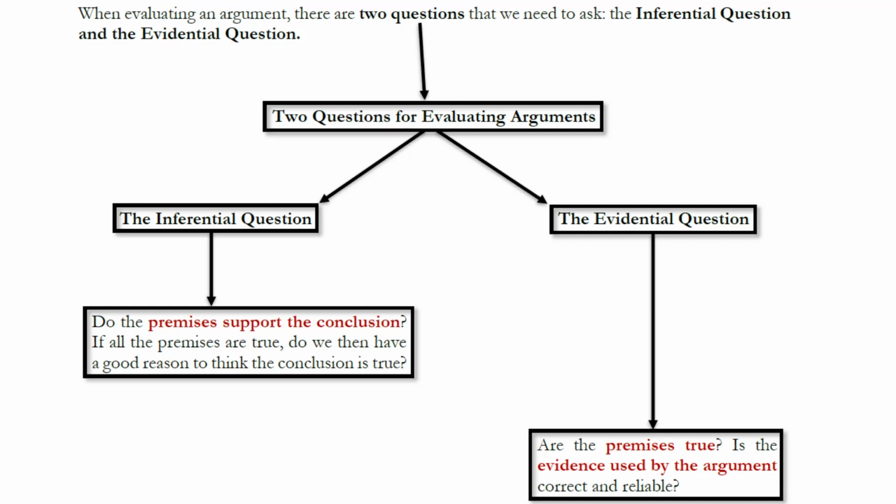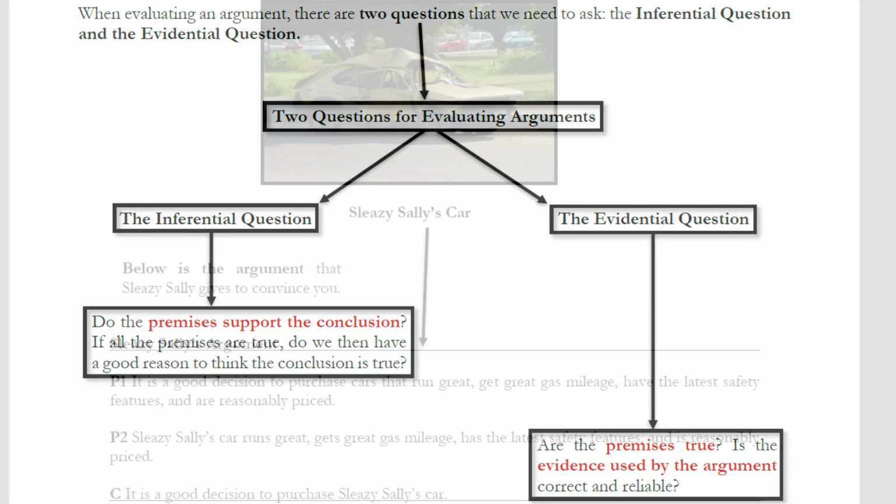It is at this point that we move beyond the merely structural concern of the inferential question. Now we are not merely asking whether the premises would support the conclusion if they were true. Now we are asking, are these premises really true? Are they really reliable? Do we have a good reason to think that these premises are correct?